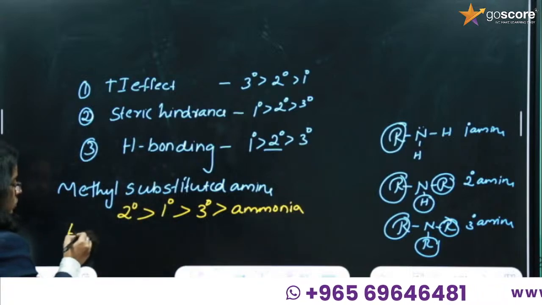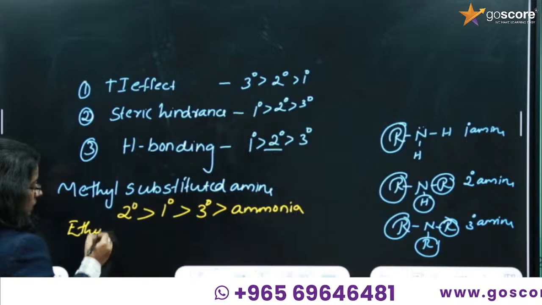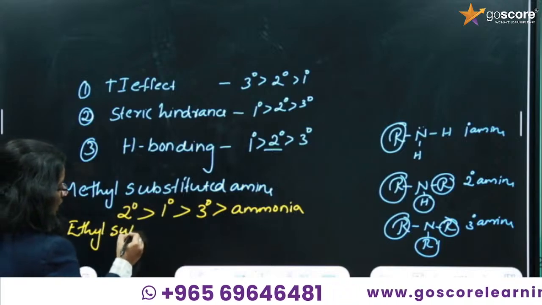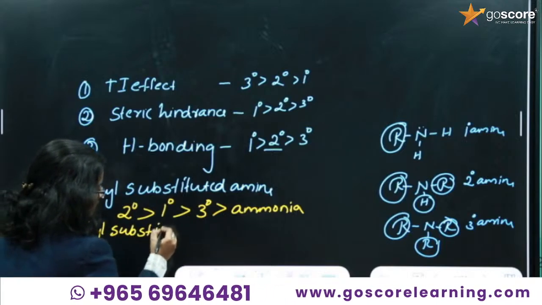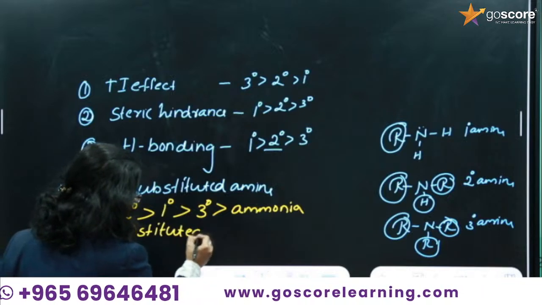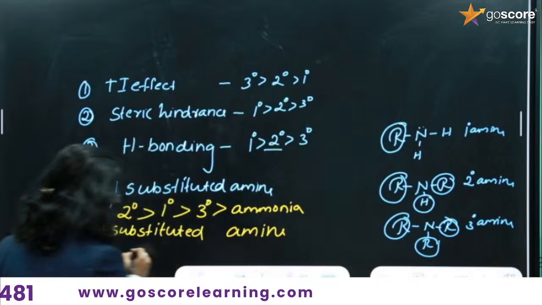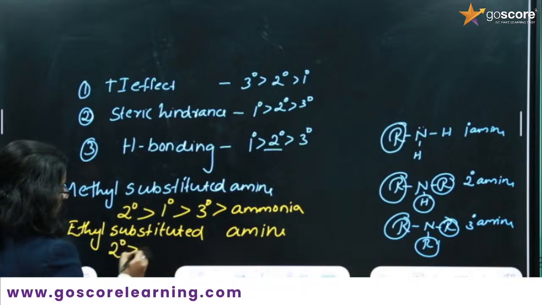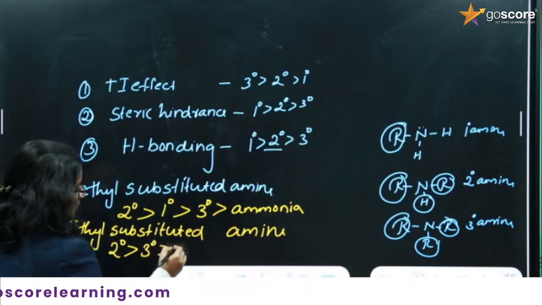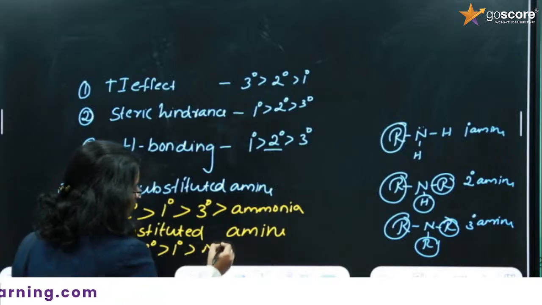For ethyl substituted amine, the order will be secondary, then tertiary, then primary, then ammonia.